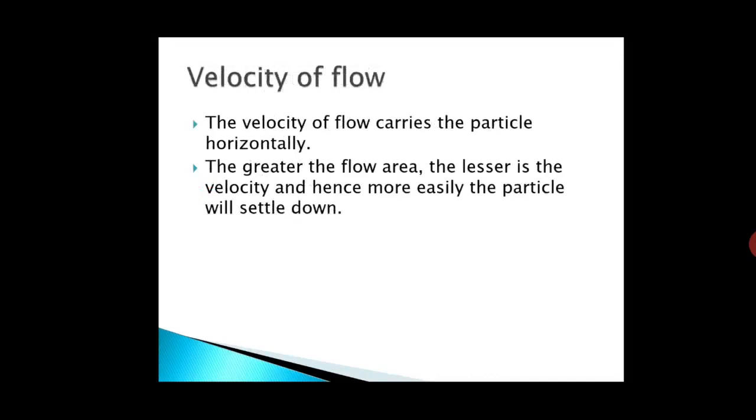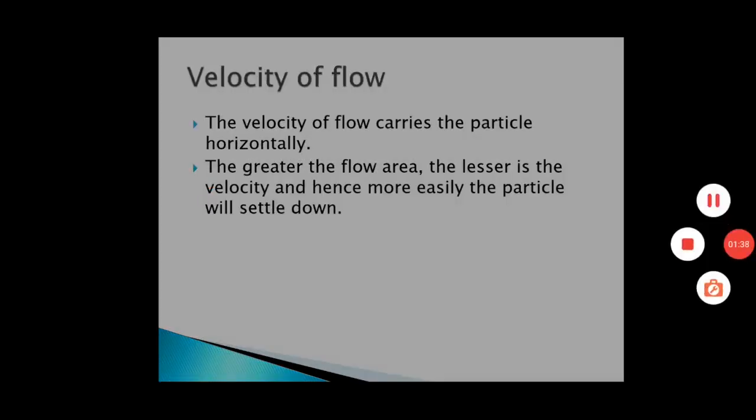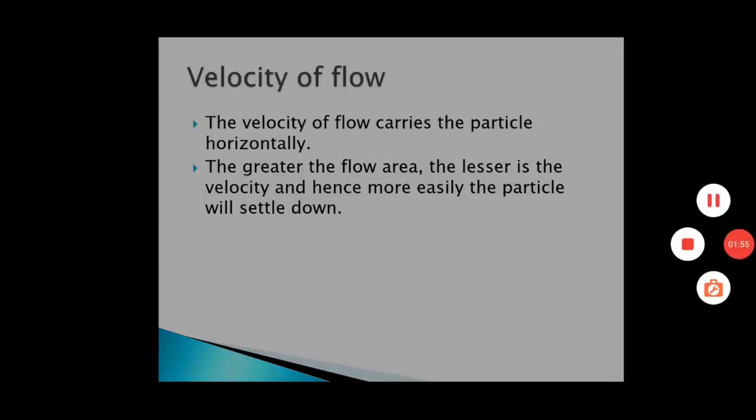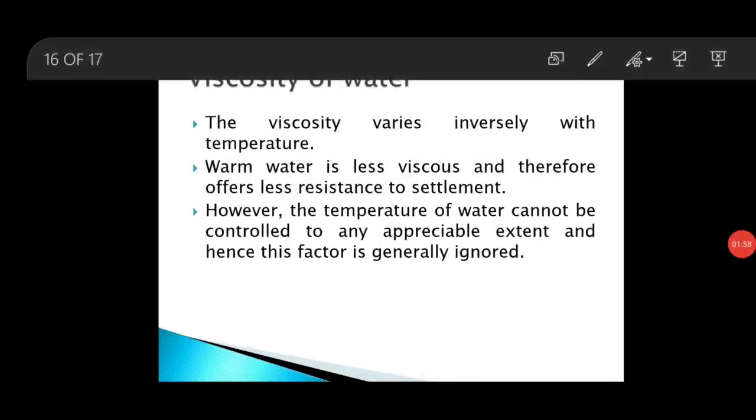Let us first discuss velocity of flow and how it affects settlement. The velocity of flow will carry the particles horizontally. The greater the flow area, the lesser is the velocity, and hence the more easily the particles will settle down. The next one is viscosity of water. The viscosity varies inversely with temperature.